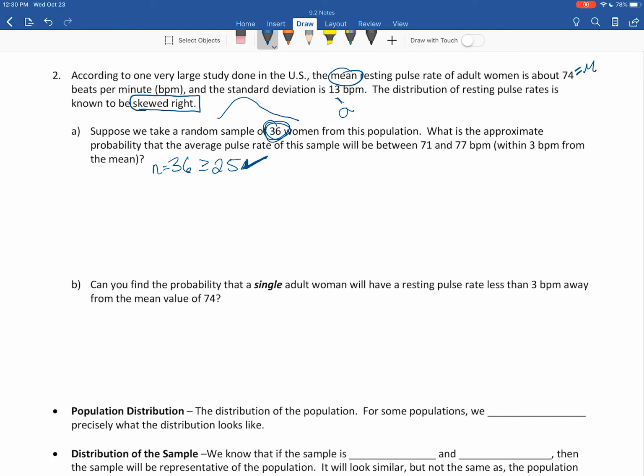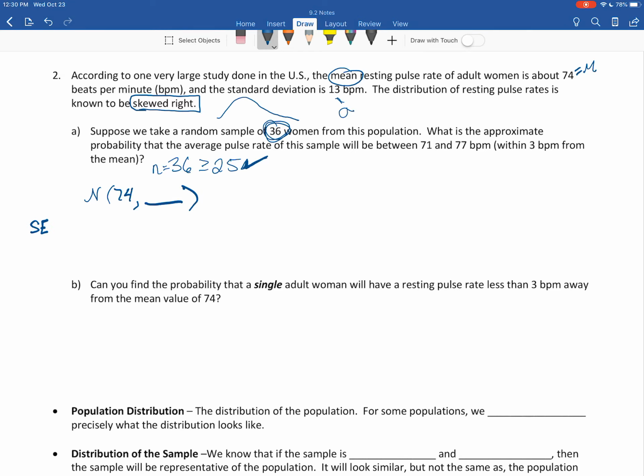We want to find the approximate probability that the average pulse rate of this sample will be between 71 and 77 beats per minute. We are allowed to use the normal calculator because we checked our condition. The mean should be the same as the original mean of the whole population, so the mean is still 74, but we have to calculate the standard error.